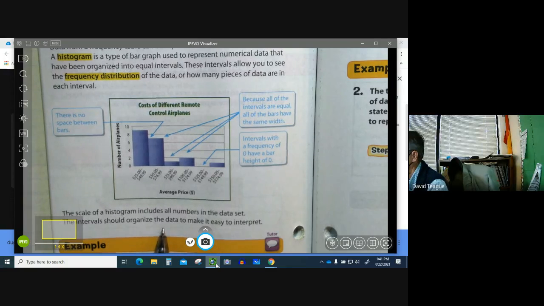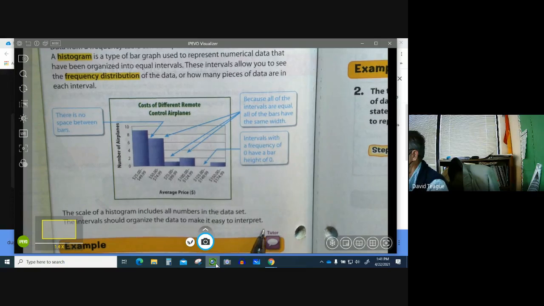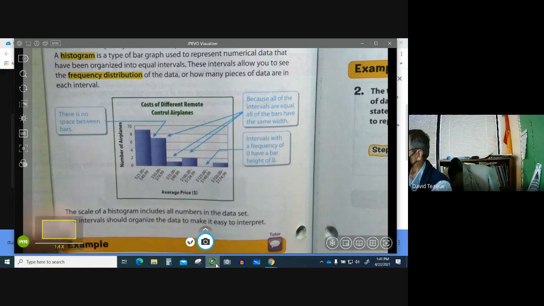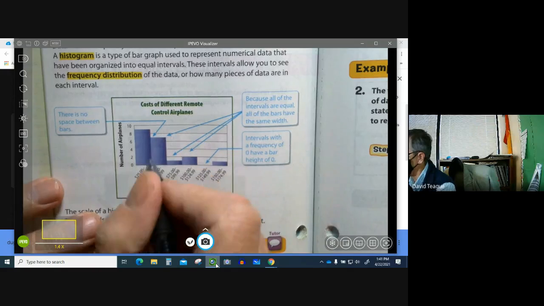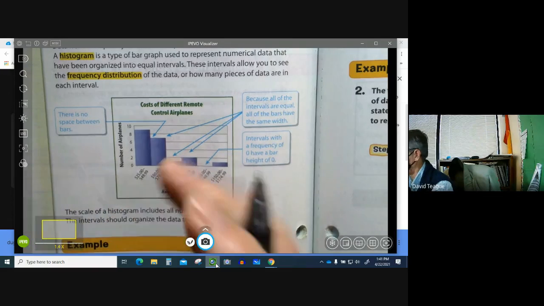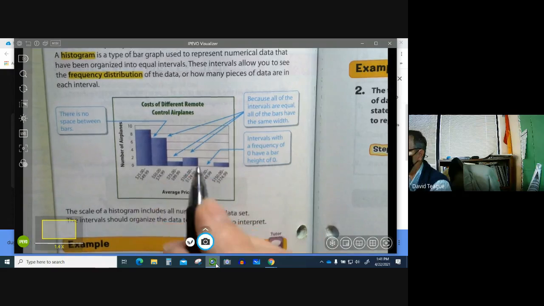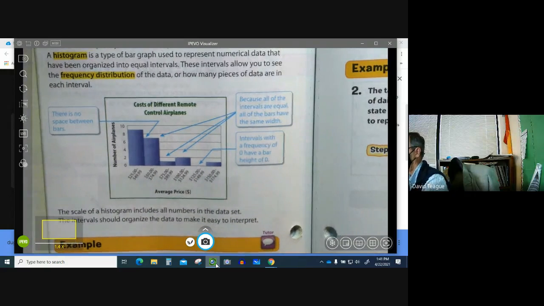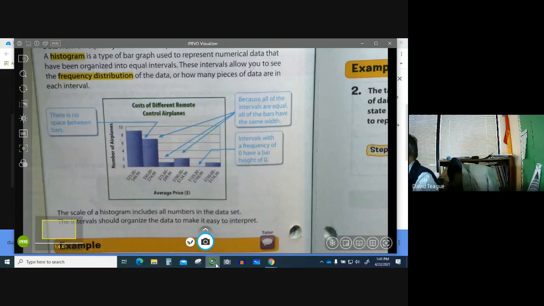The intervals should organize the data to make it easy to interpret. So this is just a type of bar graph called a histogram. And what's unique is that each bar is a range or a wide group that fits into that. Okay, so that is a histogram.